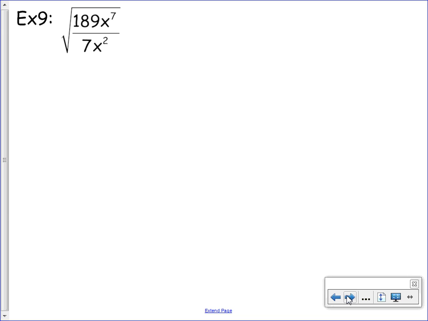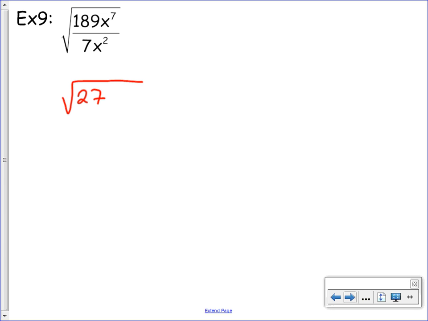Just like before, I definitely reduce inside the fraction before taking the square roots. For example, over here, does 7 go into 189? Yeah, it does. What is it? 27. And then in division, what do you do with exponents?